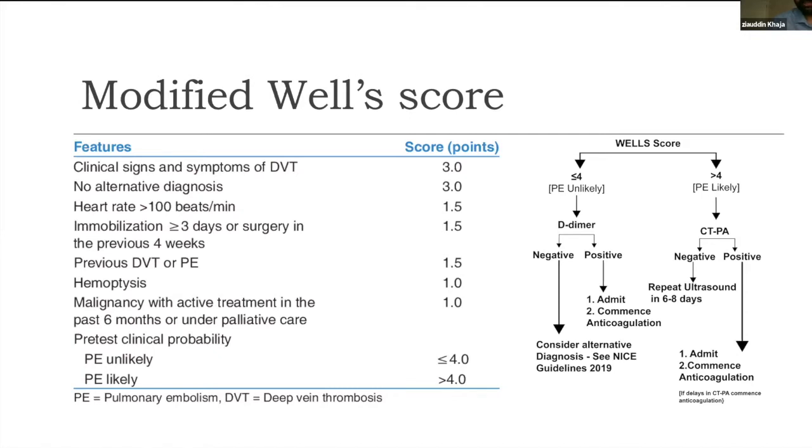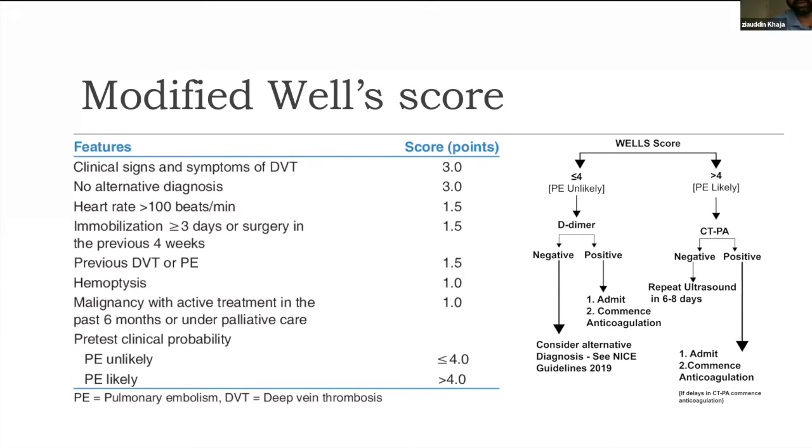So she gets almost 9 points. So here, PE is a very likely diagnosis. We skip the D-dimer and go directly to CTPA, and that would give us a clear diagnosis. And then the next things we do are, of course, providing oxygen and anticoagulation.